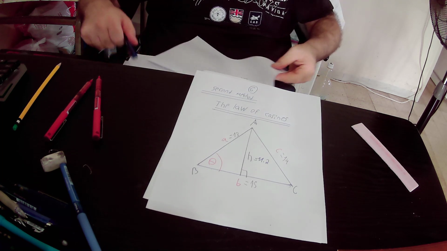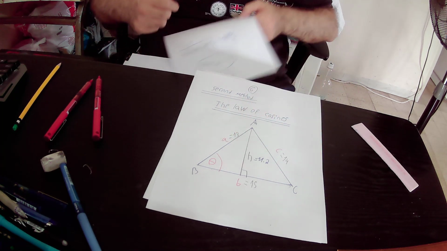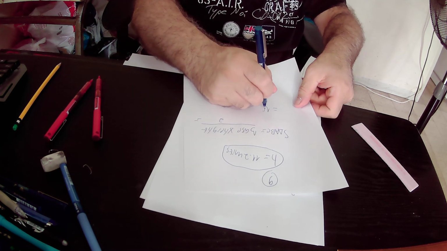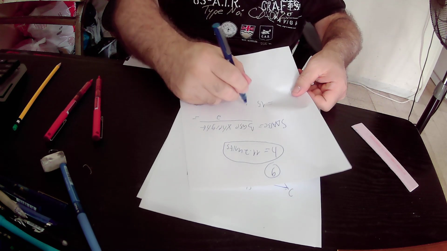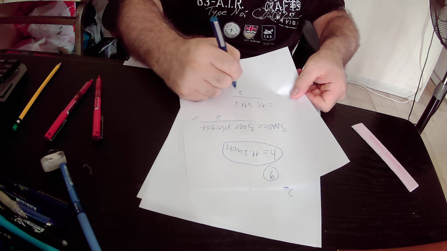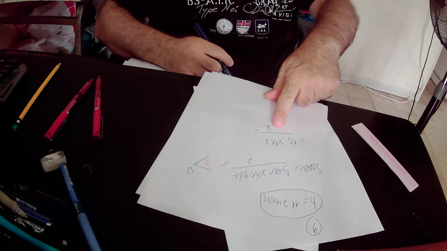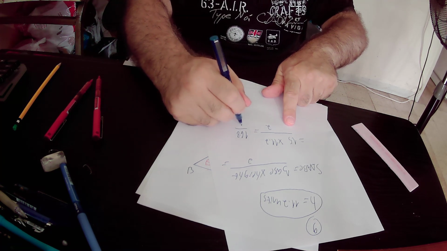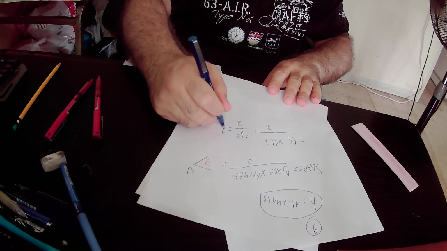We know that the base of triangle ABC is B, that equals 15 units, and the height is 11.2 units over 2. So 15 times 11.2 is 168 over 2. 168 over 2 is 84.